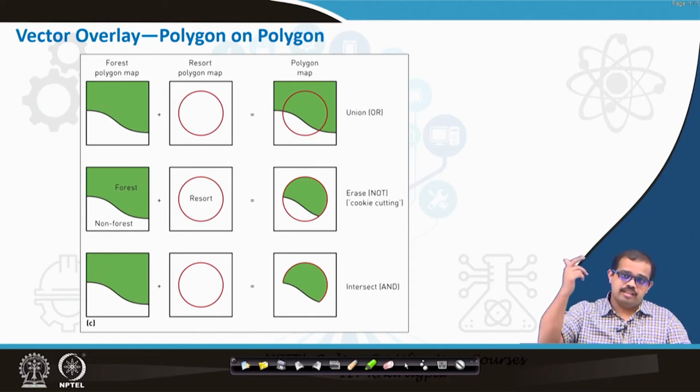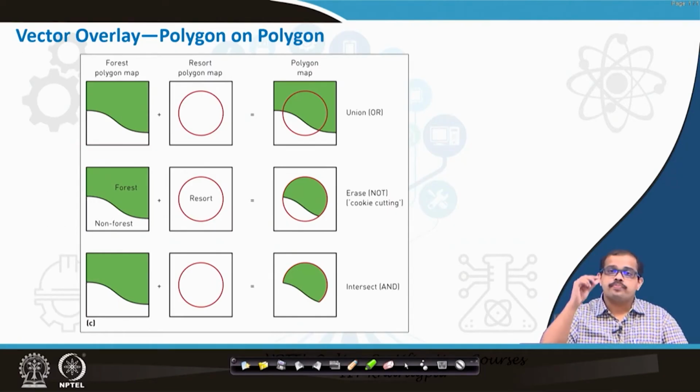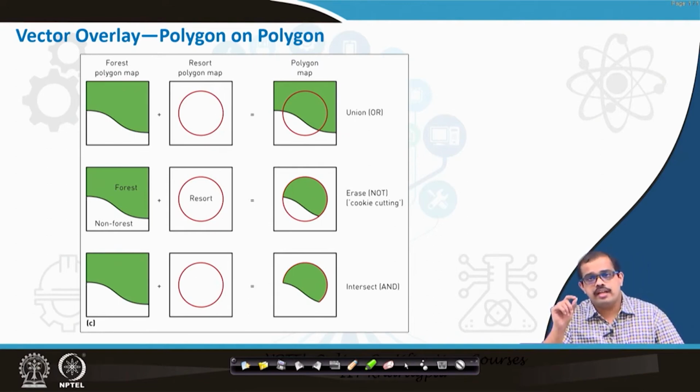Now again, a decision maker can easily make a decision of whether that land has to be allotted there or not, as simple as that. So this is where overlay plays a very important role in giving us important decisions on how these operations can be used for providing directive information.